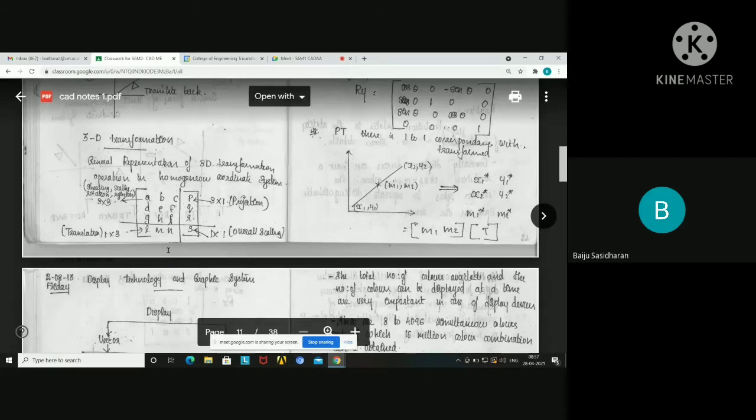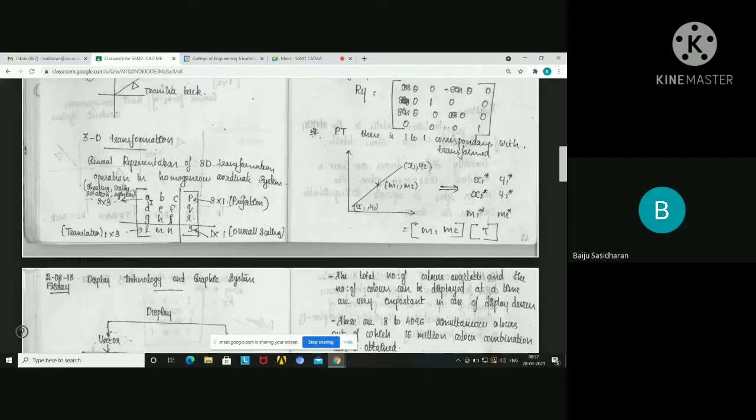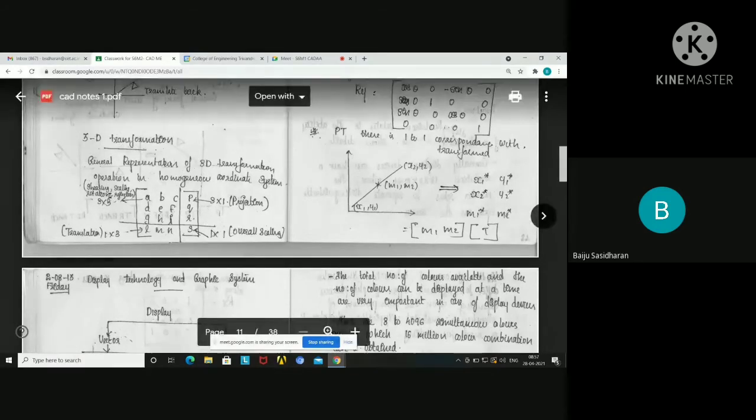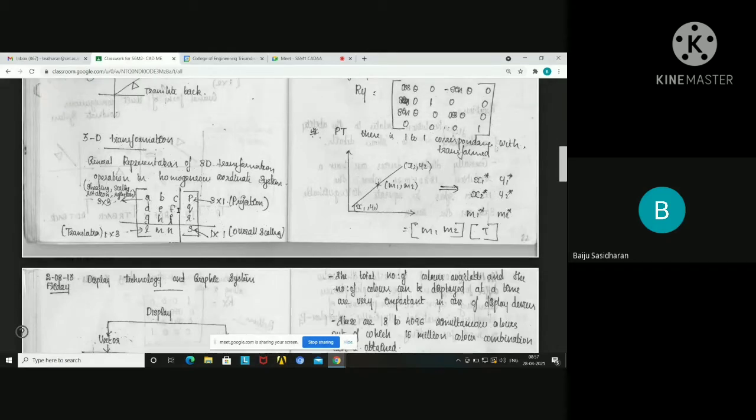In this general form, the first 3x3 matrix is responsible for shearing, scaling, rotation, reflection, etc. This 3 by 1 column, PQR, represents the projection; if you put some values there, it will give the projection.